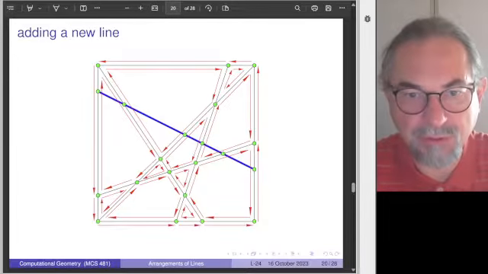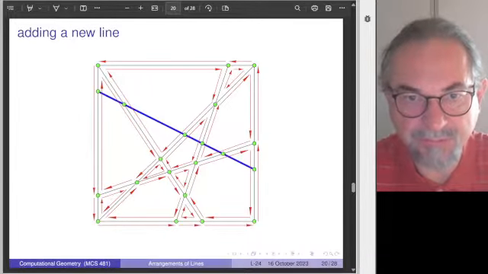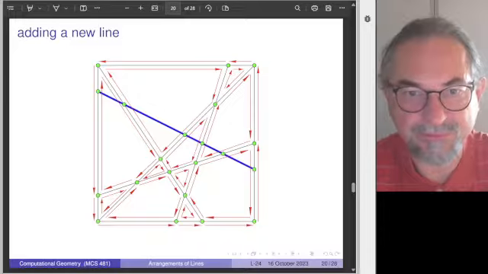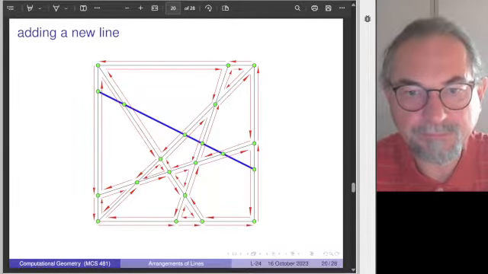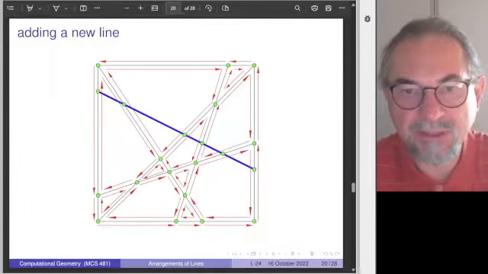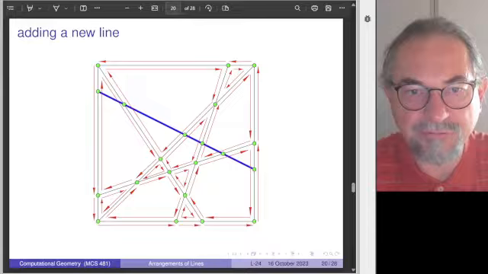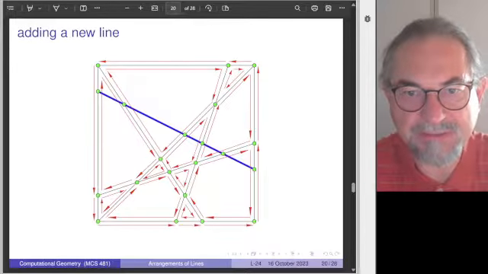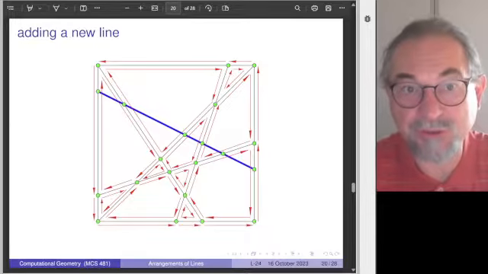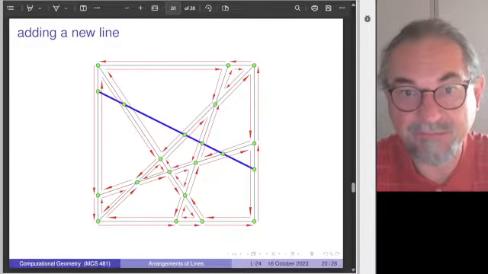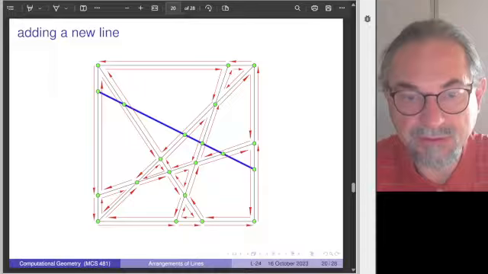Actually, the blue line was one of the 5 lines that are colored in blue, but we imagine that this is the new line coming in. Then you see that certain faces are being split, edges are being split, and we have the vertices that we have essentially already computed.